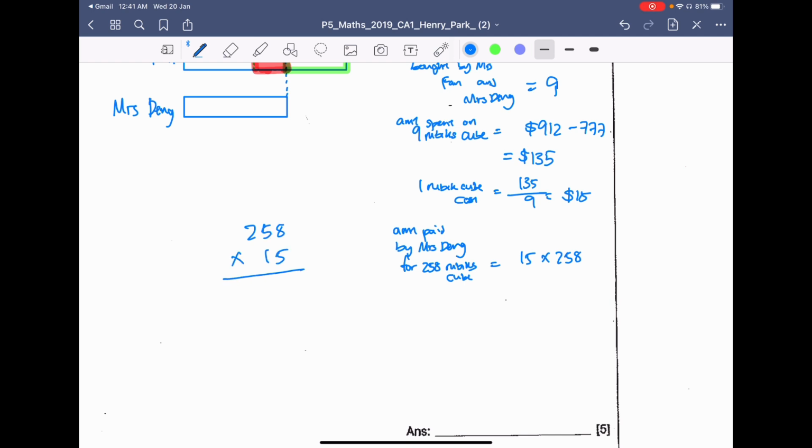So if you do your multiplication, the answer will be 3,870.